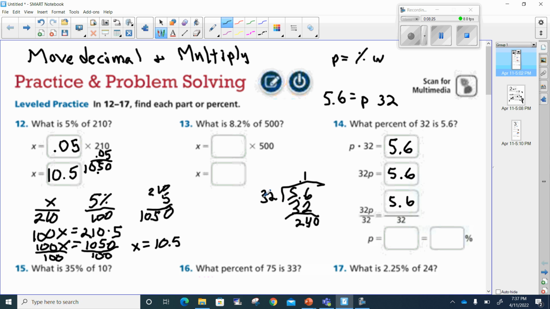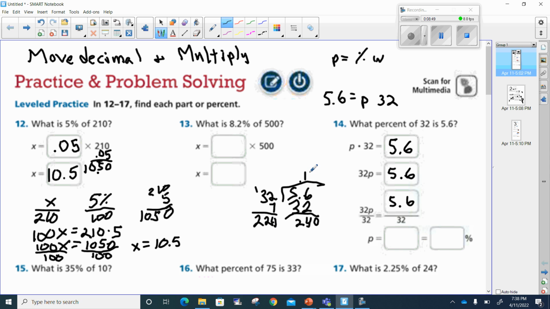I know that 3 times 8 gives us 24, so I'm going to go with, how about 7? That would be 14, plus 1 is 21, 22.